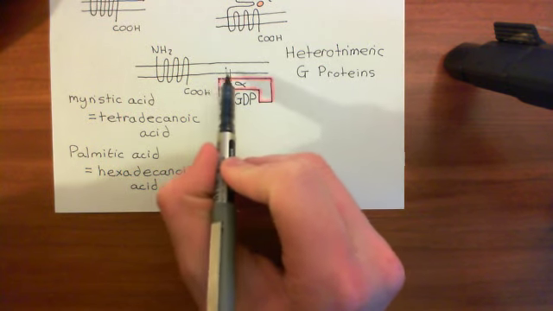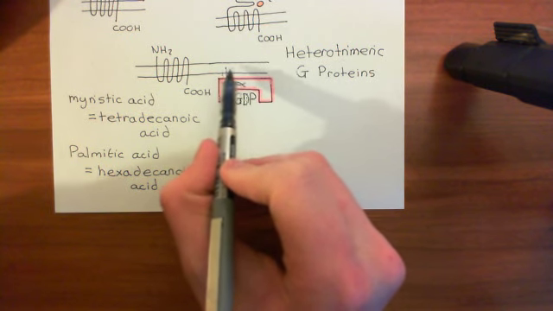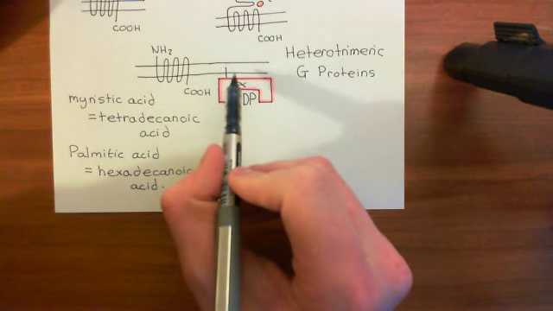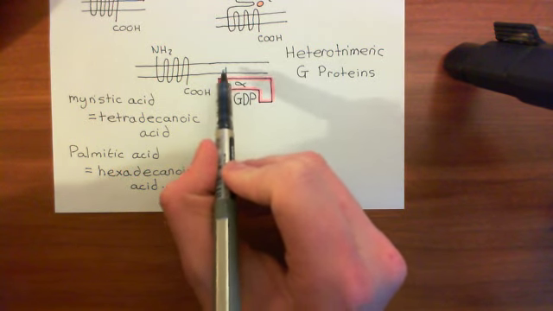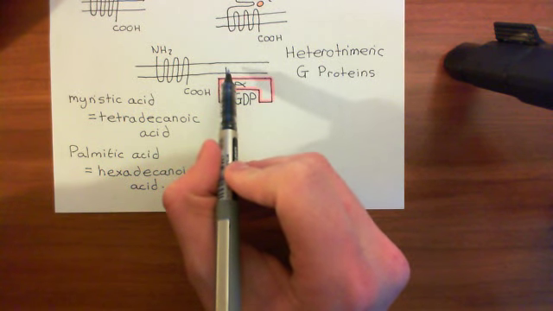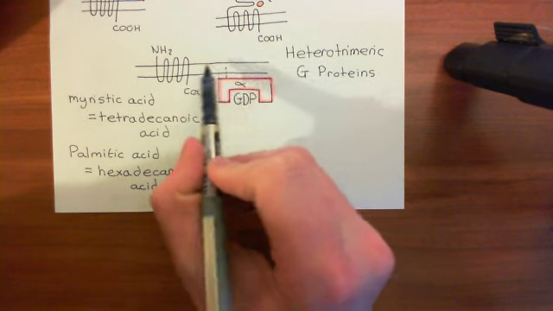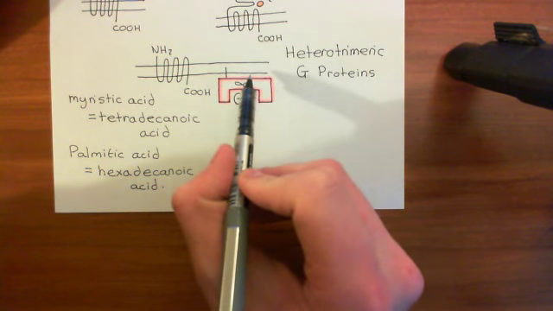So these tails can implant into the inner leaflet of the phospholipid bilayer, which has a lot of hydrophobic molecules in it, and that anchors the whole alpha subunit just underneath the plasma membrane.